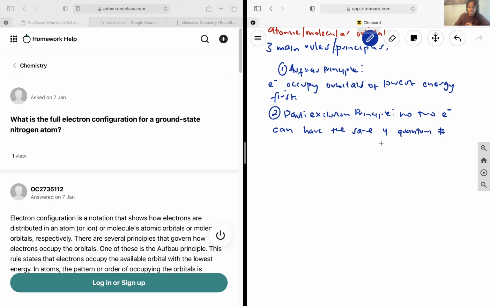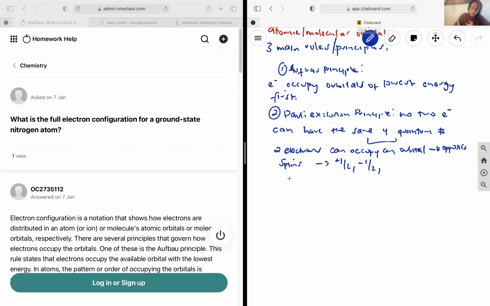So you can think of this as the address for the electron, and no two electrons can be at the same exact spot. What this usually implies is that two electrons can occupy an orbital, but to avoid violating this exclusion principle, they will have opposite spins, so that their last quantum number is different. So they would have spin of 1/2 and spin of -1/2.